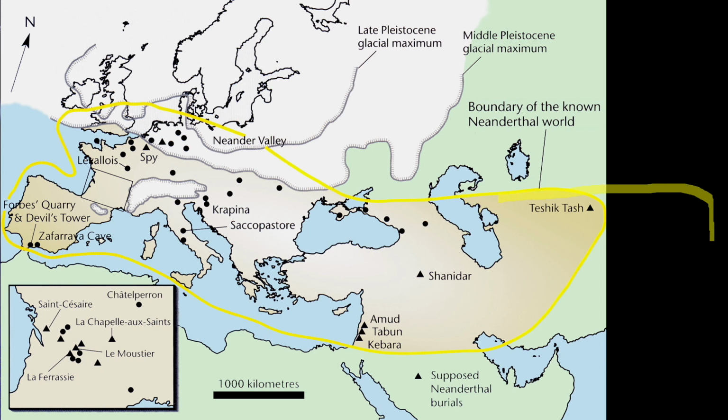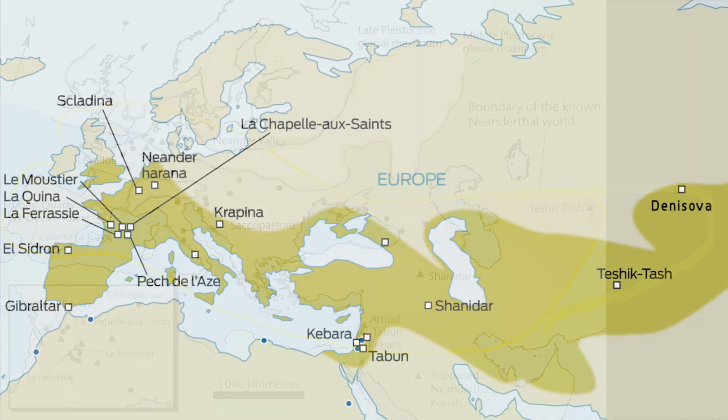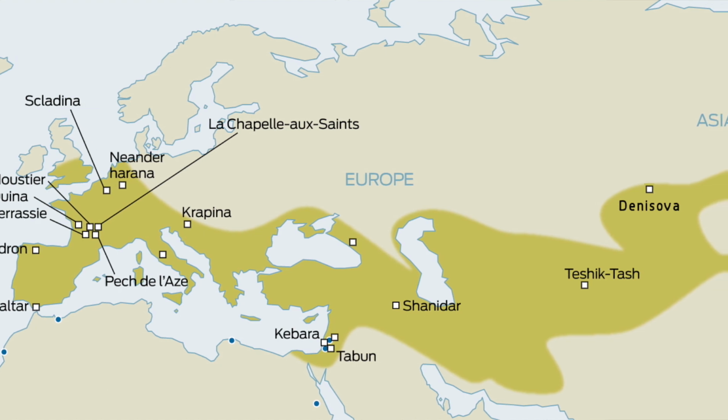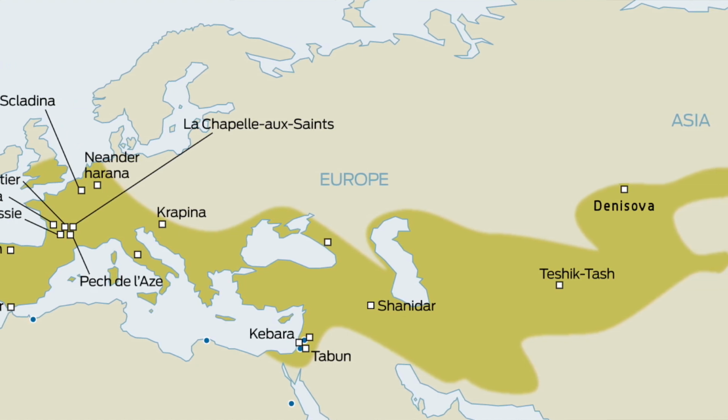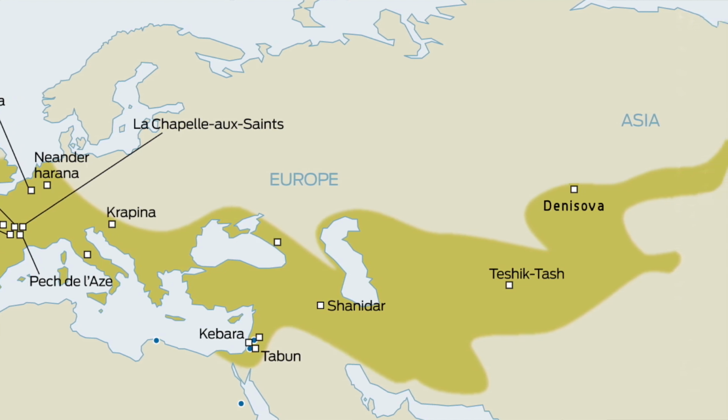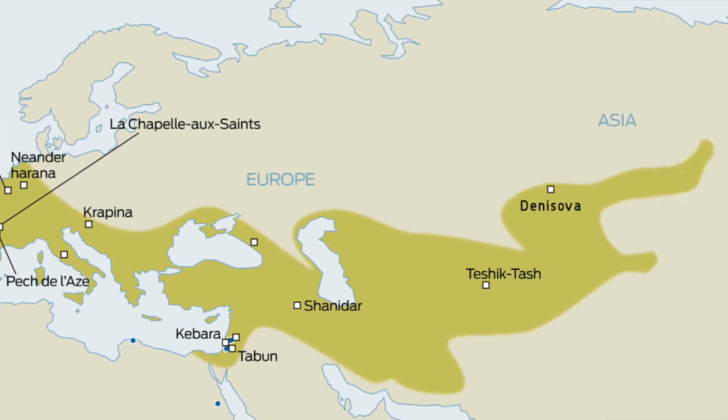So this bit here needs to be extended considerably further. We have Neanderthal finds now reported further east into Uzbekistan and also in the Altai mountain area of southern Russia. And it's really interesting to think that this was the range, this was the world where Neanderthals lived.